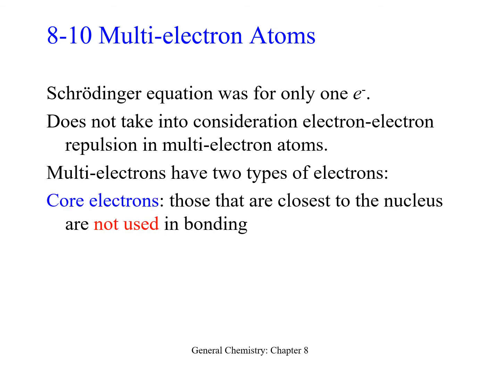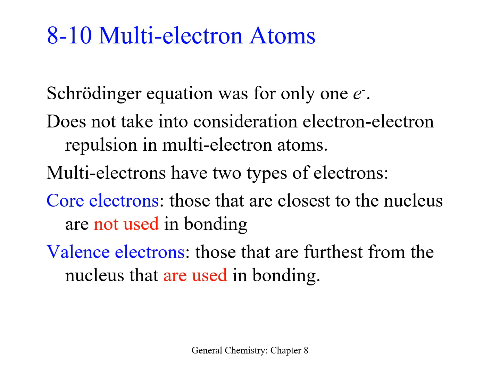Core electrons, those that are closest to the nucleus, are not used in chemical bonding. And we have valence electrons, those that are furthest from the nucleus, and those are used in chemical bonding. So only the valence electrons are used in chemical bonding. Do not use core electrons. It's not going to happen because they're going to be filled.